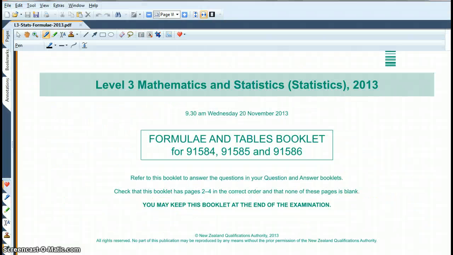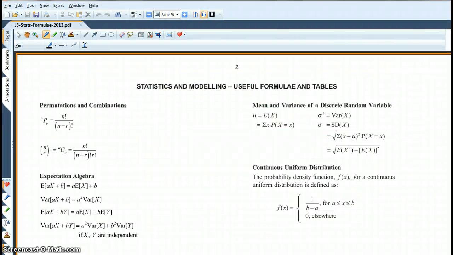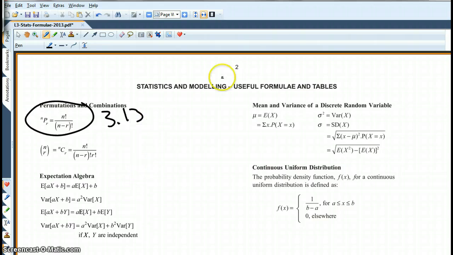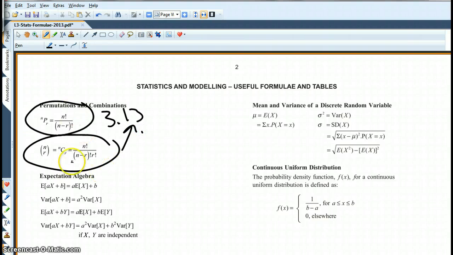Alrighty, let's have a look at the formula sheet. So I've tried to connect what we've done all the time with the formula sheet. This bit here, that's 3.13. We're currently doing 3.14, so that was also 3.13. It comes into it a little bit, but we don't need to worry about that for this test. So we have covered that.